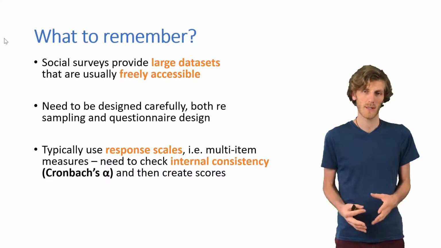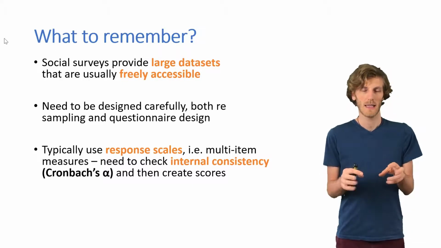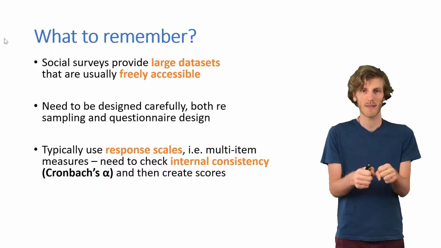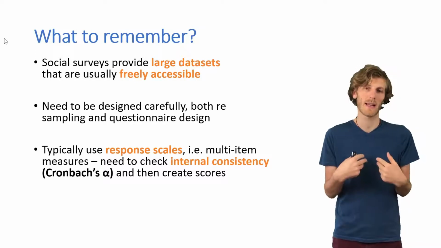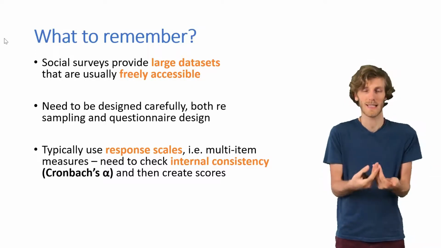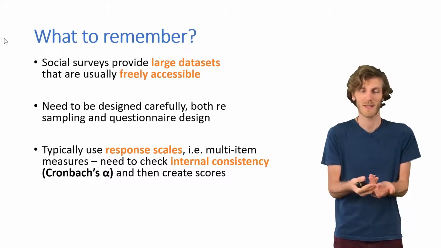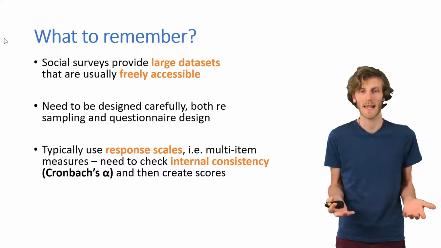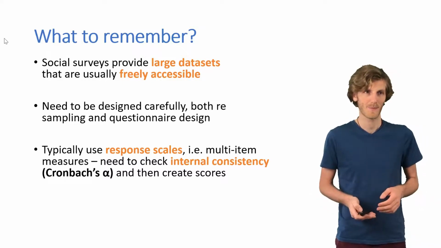Surveys usually use response scales, where the idea is that we have multiple items measuring the same construct. If that is the case, we need to check whether those scales are actually internally consistent, so whether all the items measure the same construct. And if they do, we need to calculate the scale values and then use them in statistical analysis.